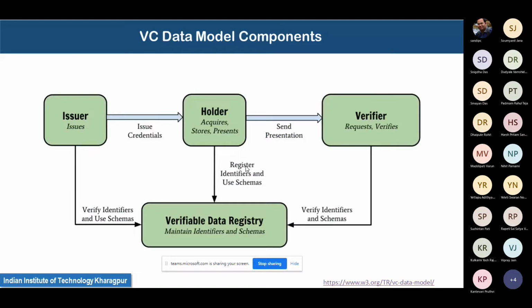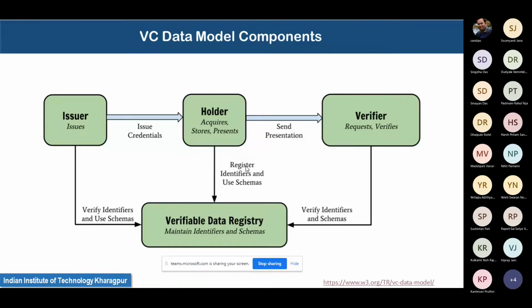And now, this was the last slide that we had discussed yesterday. I am once again quickly repeating what it depicts. So we have this verifiable data registry where the issuer and the holder can maintain their identifiers, and the schemas, most importantly the schemas, as we said, for different types of such credentials, these are actually maintained in this VDR, the verifiable data registry.